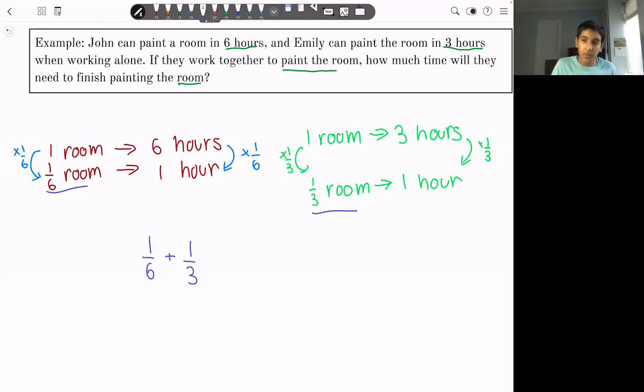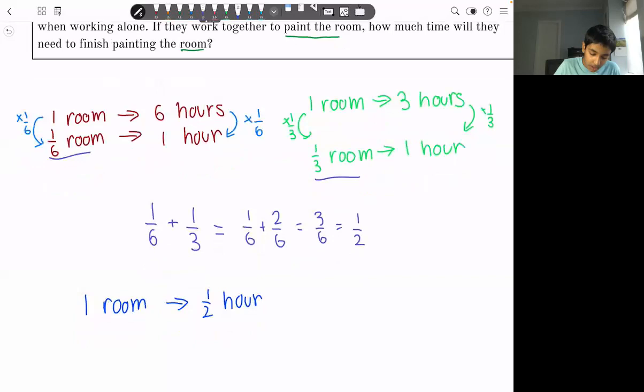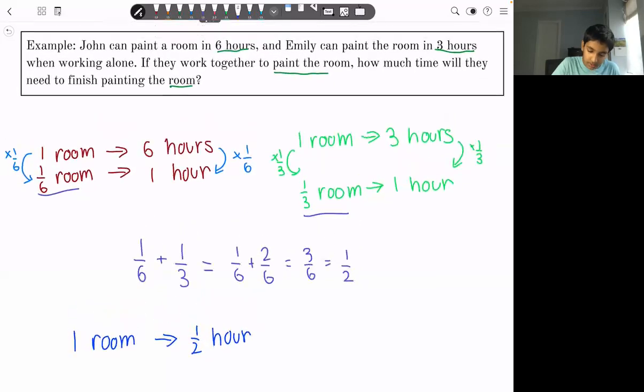So together, they can paint 1/6 plus 1/3 of a room, which is just 1/6 plus 2/6, which is 3/6, or 1/2. So working together, in 1 hour they can paint half the room.